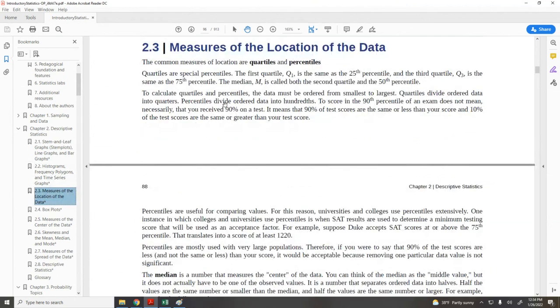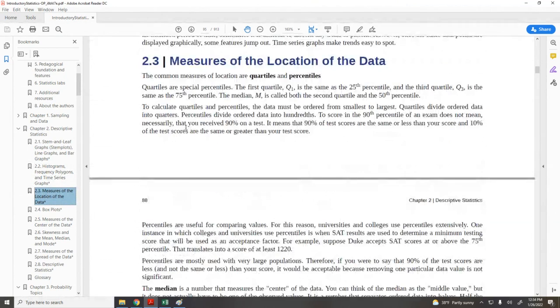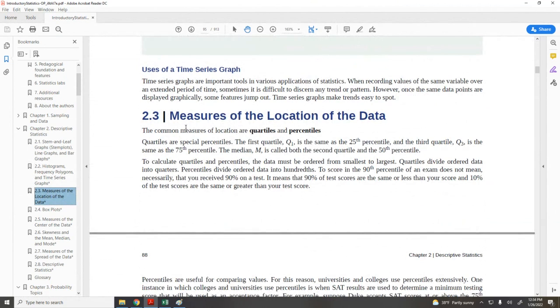Measures of the location of data. What is this? Oh, okay, percentile and so on. I think this is all, and I should stop here right now. Next, on Monday, we'll be going through things like the mean, how to find that, and the median, how to find that. We will do some calculations.